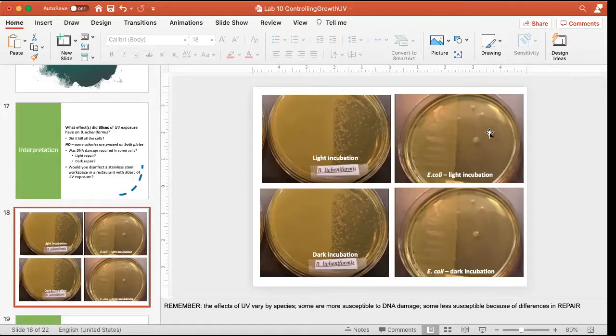I got many fewer colonies, lots more colonies on this plate, even though they're pretty small. So can I make that kind of comparison? Can I say, oh, well, Bacillus licheniformis must be better at repairing its DNA than E. coli is because more Bacillus cells survived than the E. coli cells after 30 seconds of exposure. What do you think?